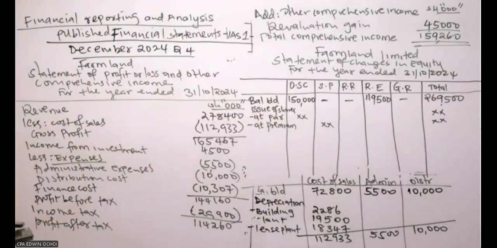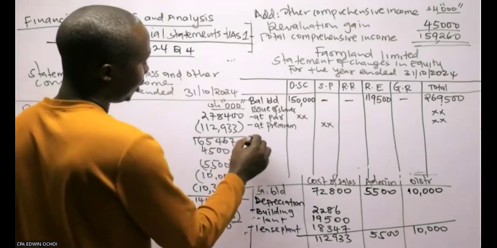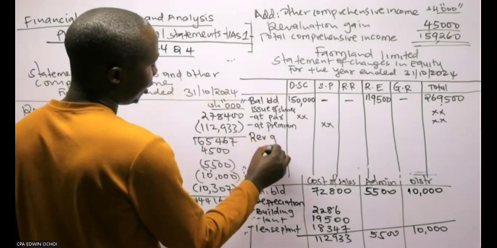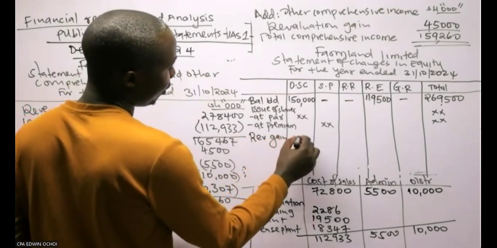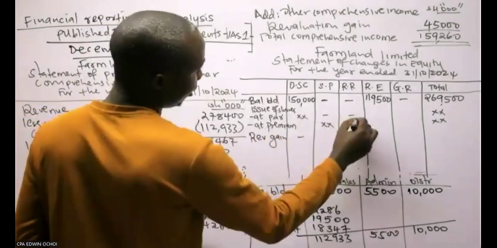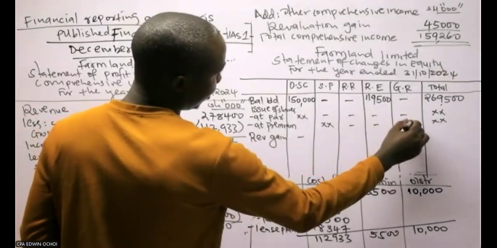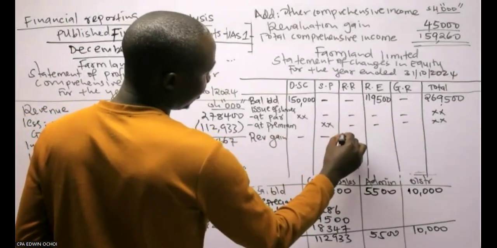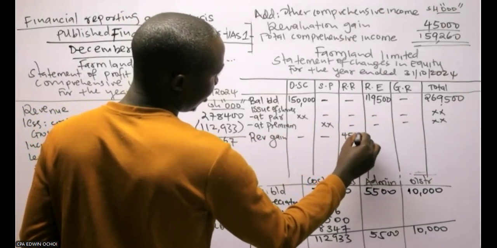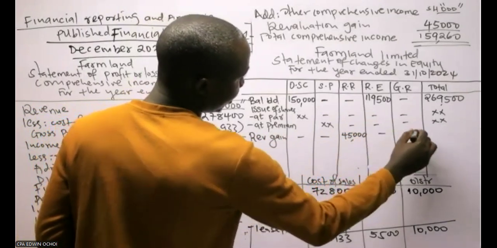Then the next thing you check, you can have a revaluation gain, which goes to the revaluation reserve. So there is a revaluation gain of 45,000, and it goes to the total.